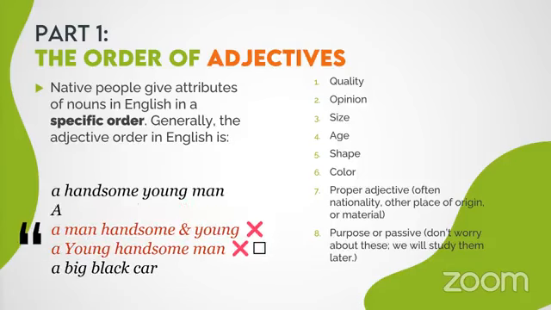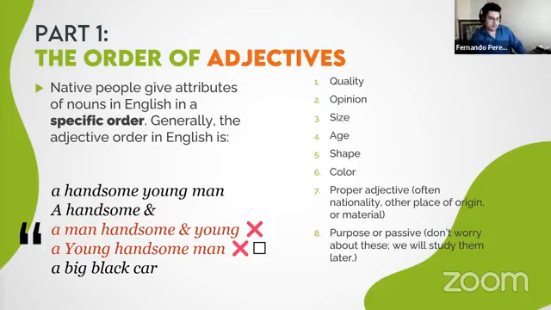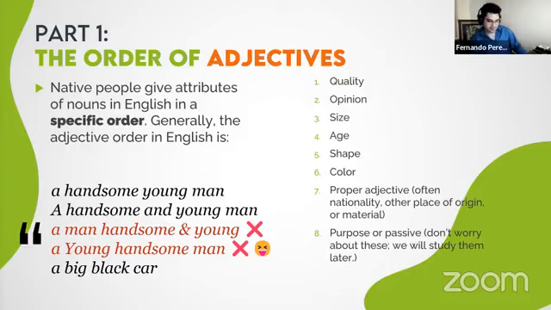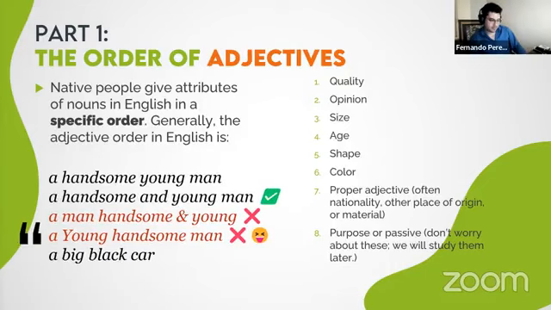It's possible to say a handsome and young man. Exactly. That was a good observation. The and is correct. You can put it every time you have the adjectives first. That's the condition.